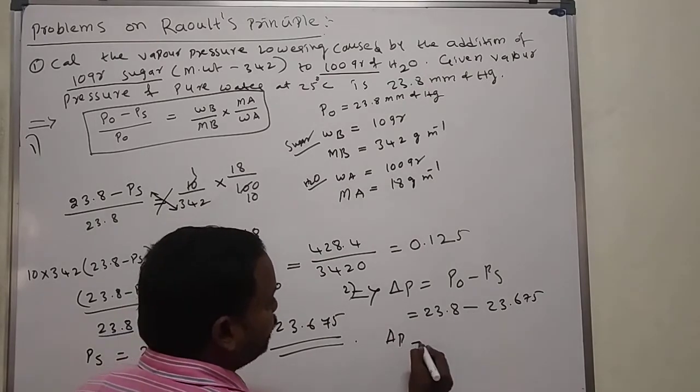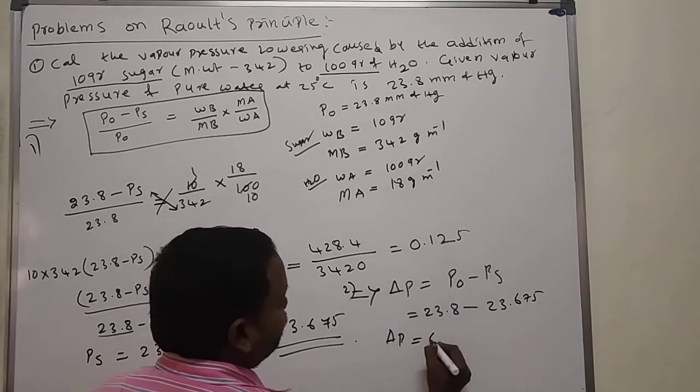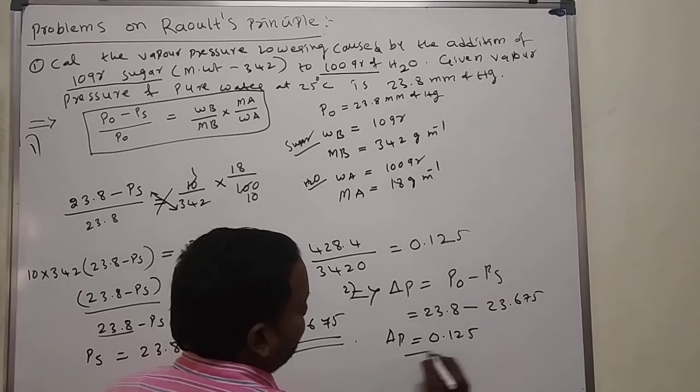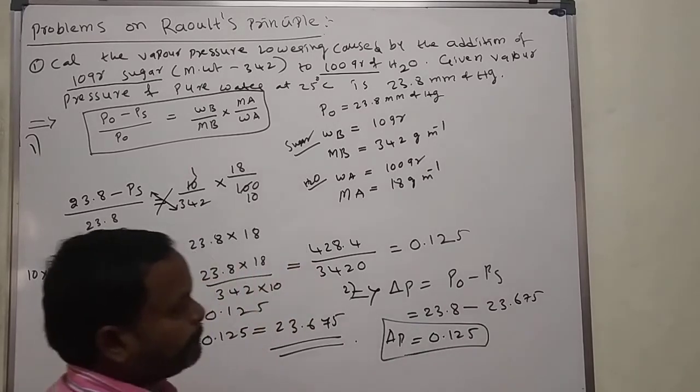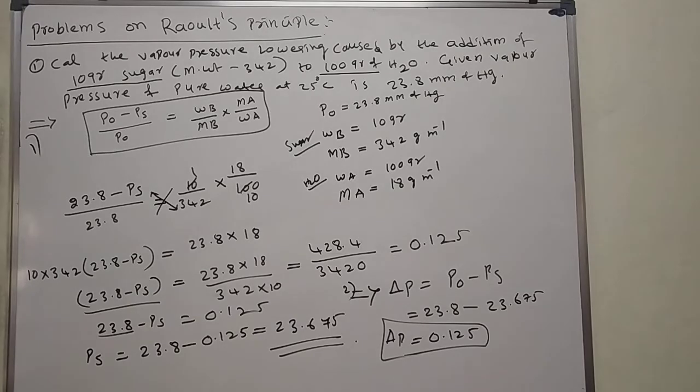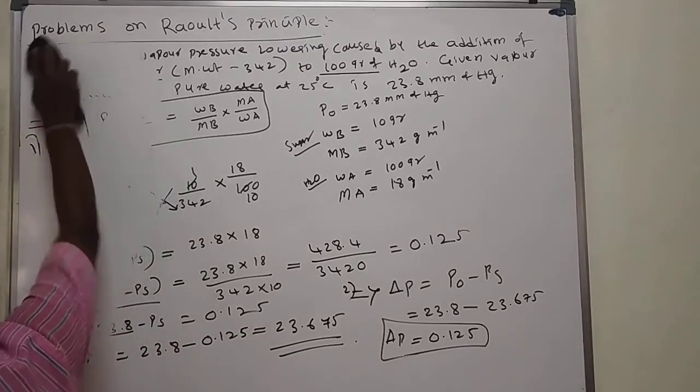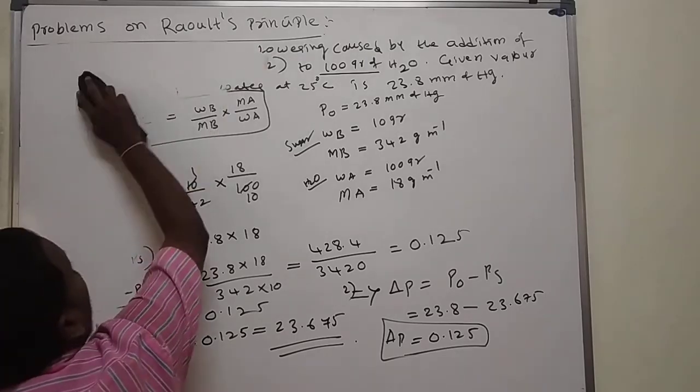Delta P is equal to 0.125. This is the delta P value, the lowering of vapor pressure. In continuation, we'll see one more problem.